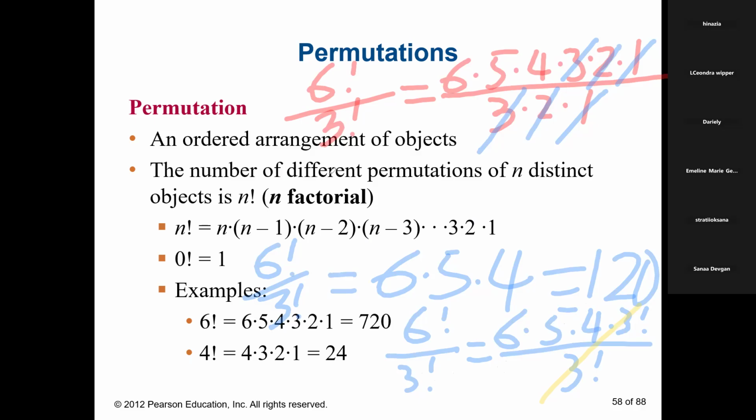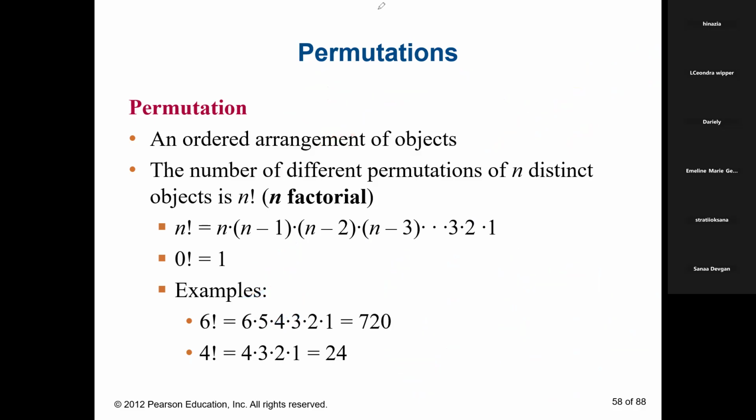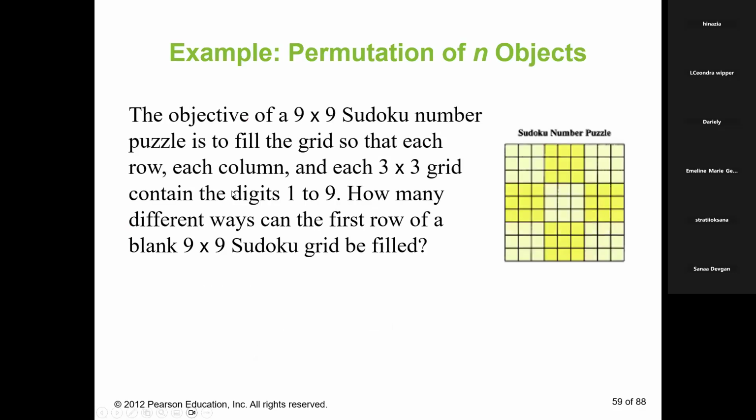Got it? Okay. Now, let's continue here. So the objective of a 9 times 9 Sudoku number puzzle is to fill the grid so that each row, each column, and each 3 times 3 grid contains the digits 1 to 9. How many different ways can the first row of a blank 9 times 9 Sudoku grid be filled?